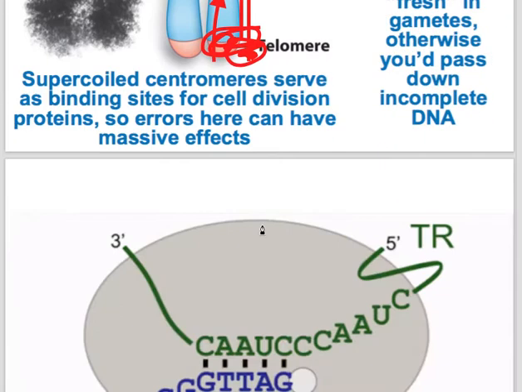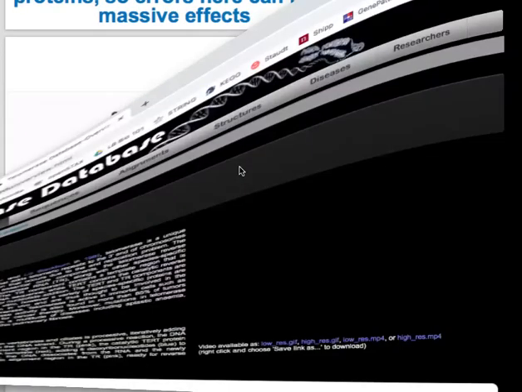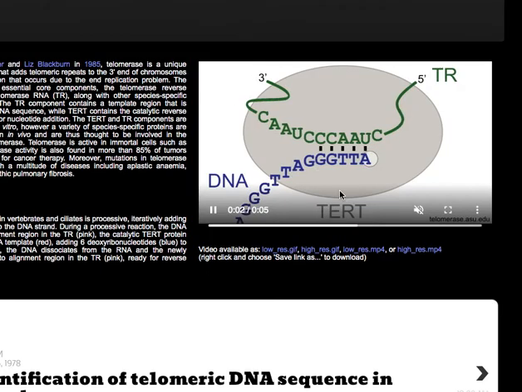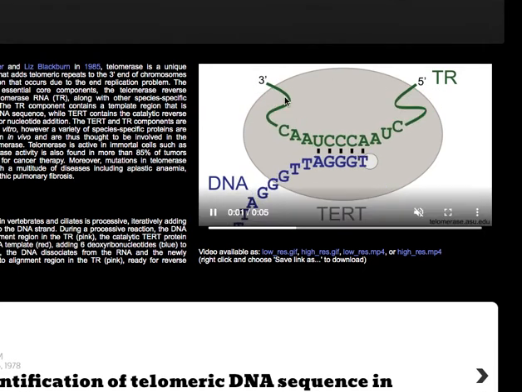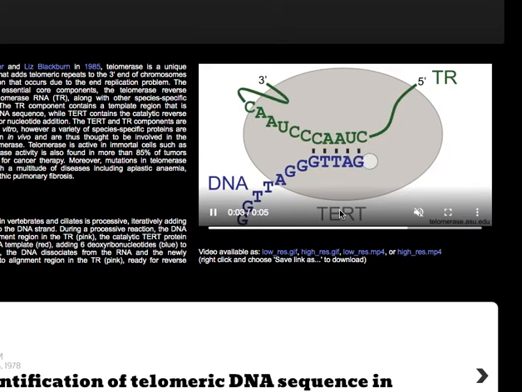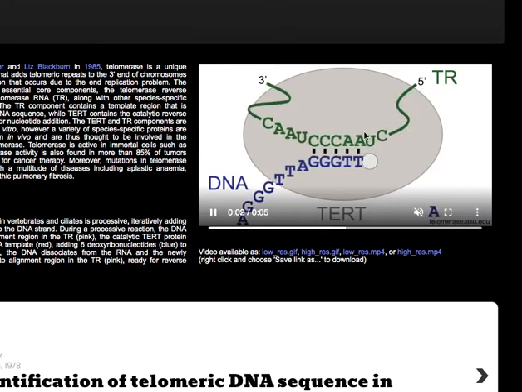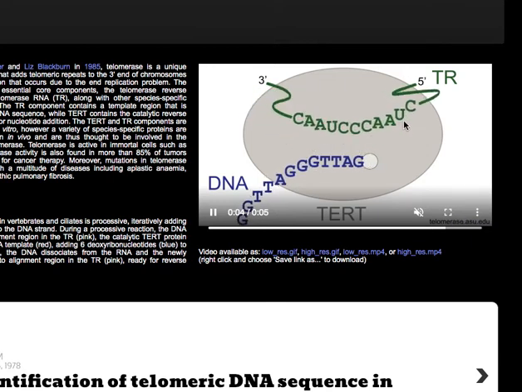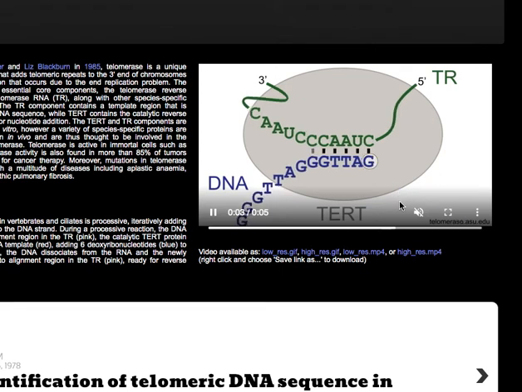All right, so let's take a look at telomerase. Let me try and actually load up. There it is. Okay. So what telomerase is going to do here is that in this big gray thing, TERT, that is a protein. But in this protein is an RNA template. This RNA template is going to add free nucleotides to the end.